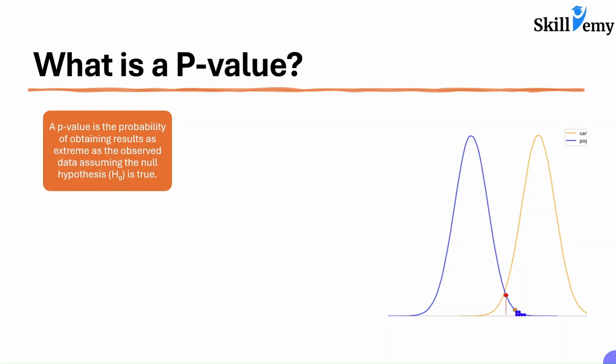So it's basically the probability of obtaining a result that is a true reflection of our sample, or the population or the phenomenon that we are investigating, assuming that we are holding the null hypothesis to be true. That becomes a p-value.